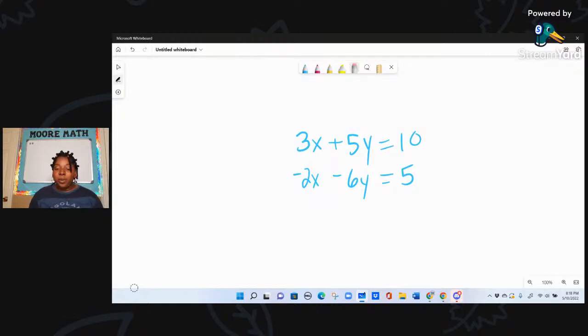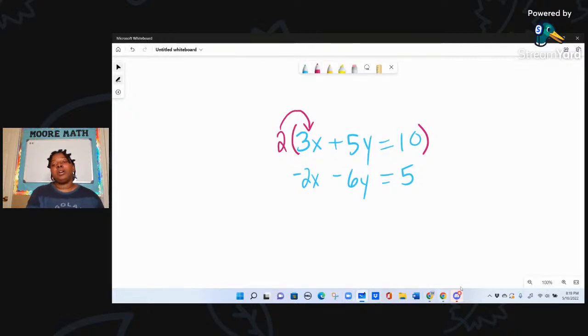If I'm changing the equation, I have to change the whole equation. So I'm going to get this to say 6x instead of 3x, I'm going to multiply the whole equation by 2, because 2 times 3x equals 6x.